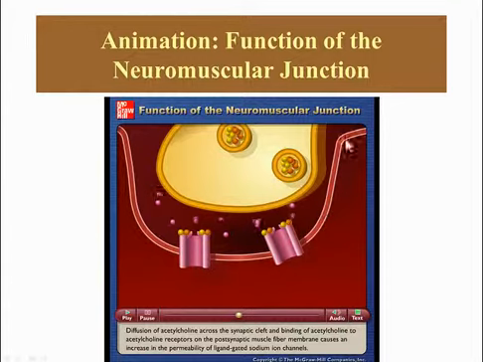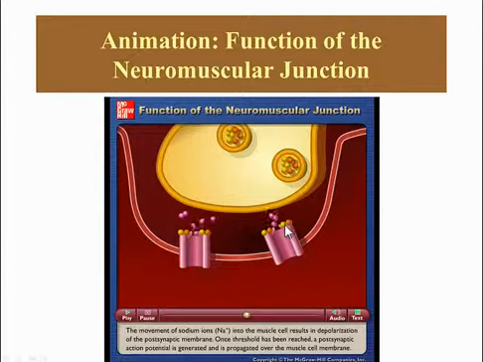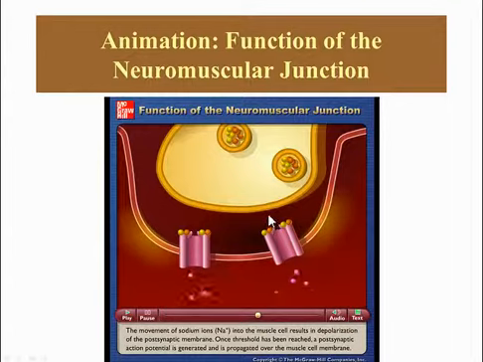Remember I said the folds of the sarcolemma have receptors for acetylcholine. When acetylcholine attaches to these receptors, it allows for the influx of sodium.